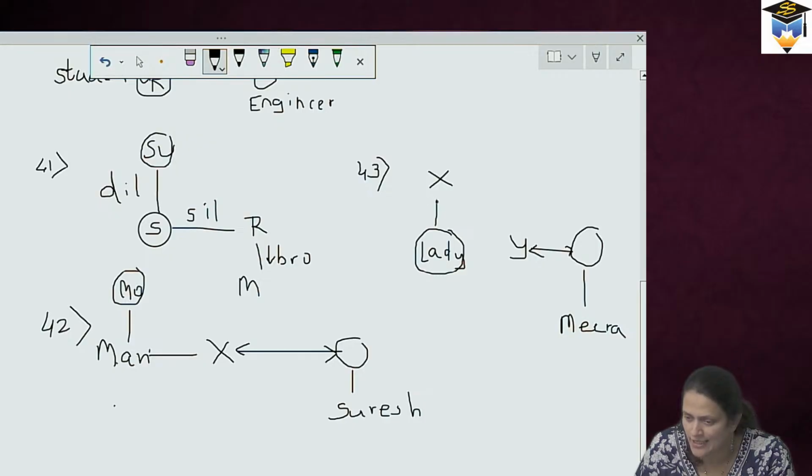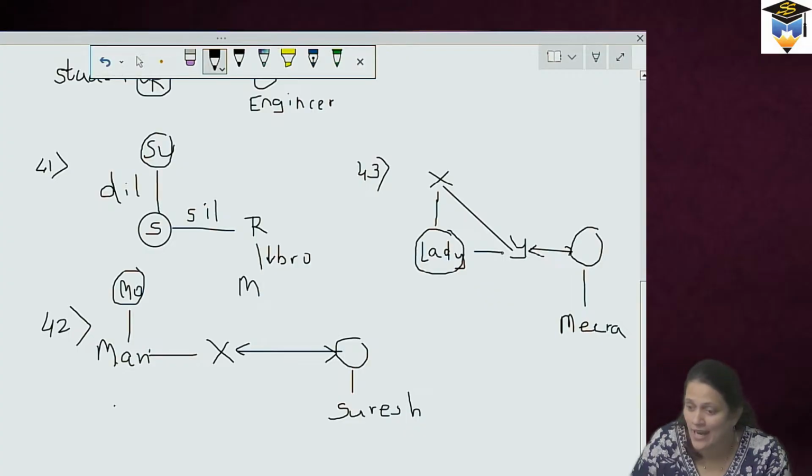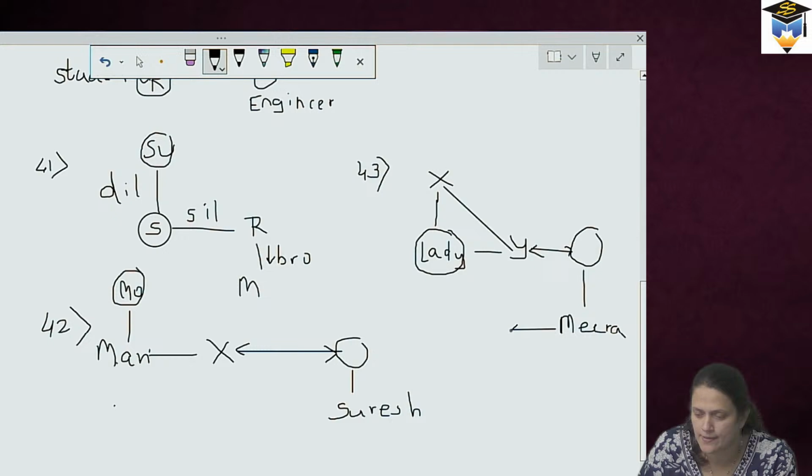So basically, are these both a couple? No. This lady's father is X, whose son is going to be Y. So what is the relation between the lady and Y? They are brother and sister. Correct? And Y's wife is the mother-in-law to Meera, who has a husband Z, let's say.